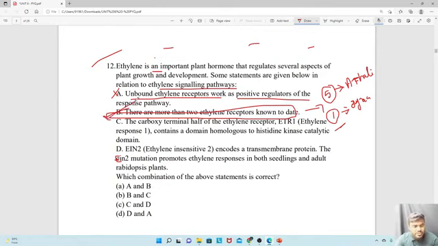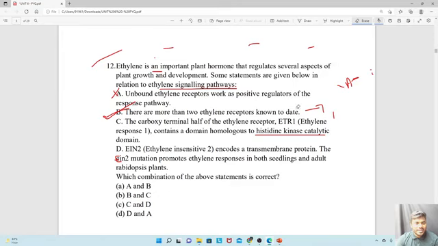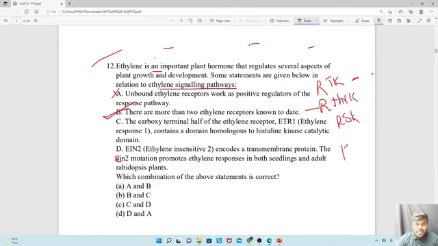Right statement, option B. Option C, the carboxy terminal half of the ethylene receptor ETR1 contains a domain homologous to histidine kinase. How many times have I reminded you, even in unit 4 also, we have different types of receptor kinases, right? Receptor tyrosine kinases, receptor threonine kinases, receptor serine kinases, receptor histidine kinases.